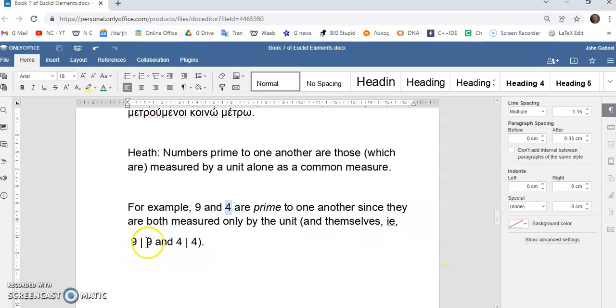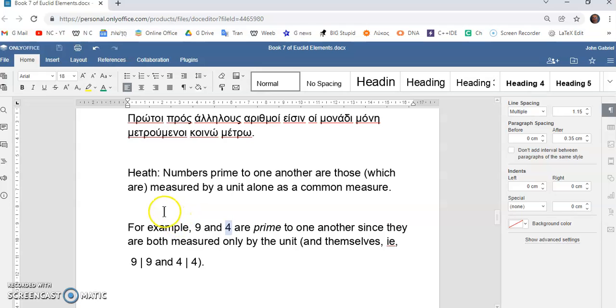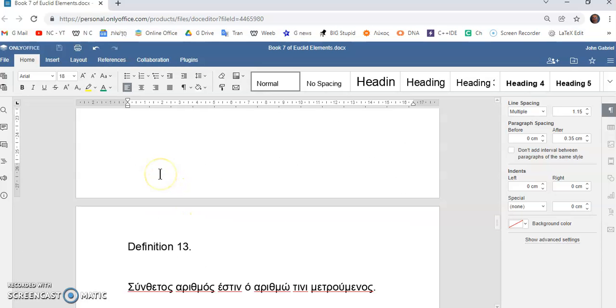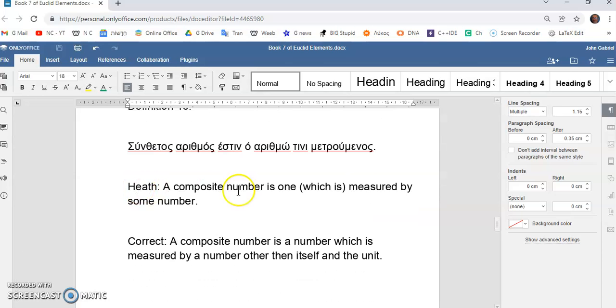So 9 divides 9, the unit divides 9, 4 divides 4, and the unit divides 4. So that's what it means when we say numbers are prime to one another, okay? Definition 13. A composite number is one which is measured by some other number. Well, it's not strictly speaking correct. A composite number is a number which is measured by a number other than itself and the unit, okay?